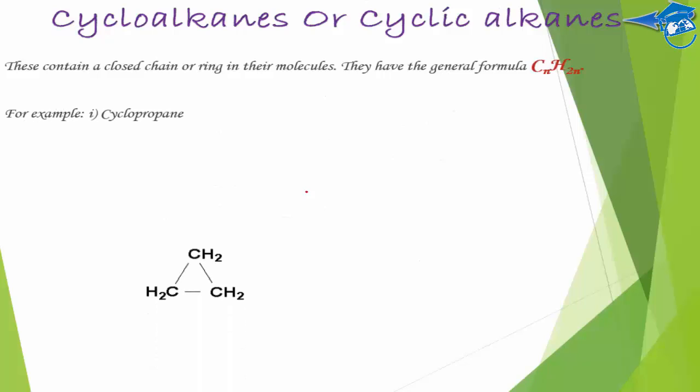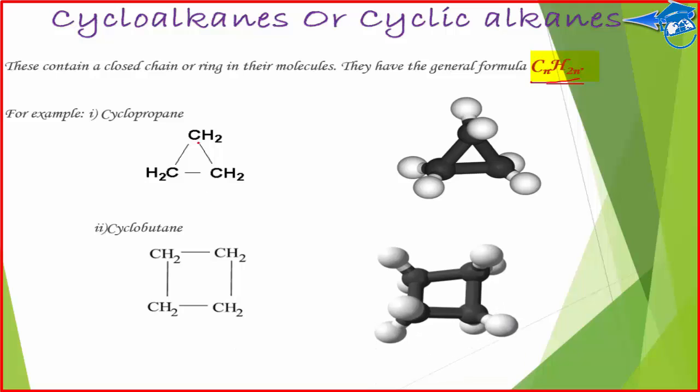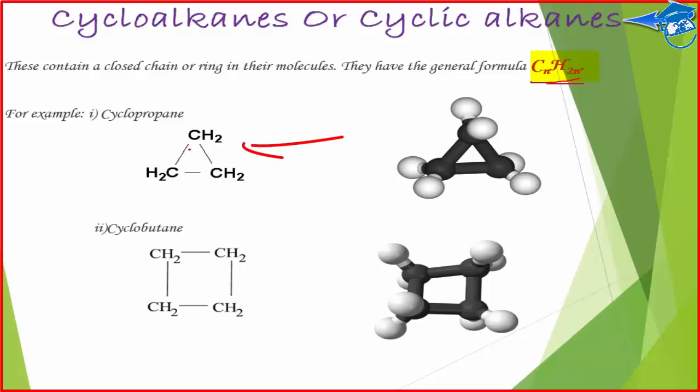Now the cycloalkanes. Cycloalkanes have a general formula CnH2n, because at the end of the chain they form a bond, so that's why they have 2 hydrogen atoms less than the acyclic or open chain alkanes. For example, take cyclopropane. Attach 3 carbon atoms, and since each carbon atom has two valencies satisfied, they will require only two hydrogen atoms.